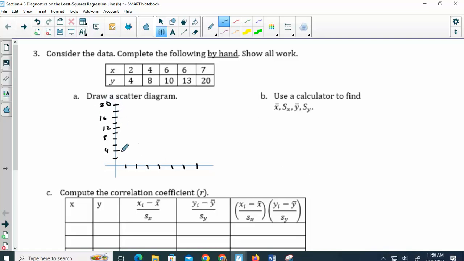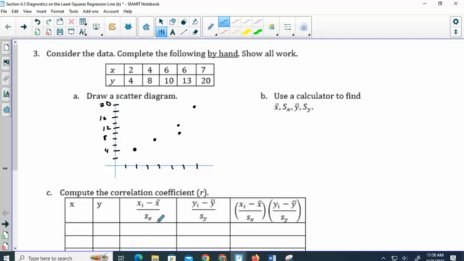Okay, so you plot your points. So we have 2, 4, 4, 8, 6, 10, 6, 13, and 7, 20.